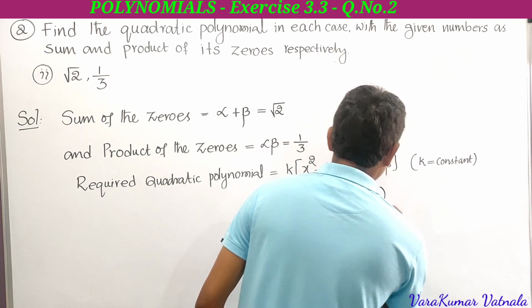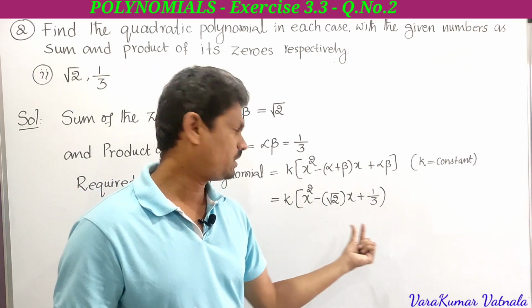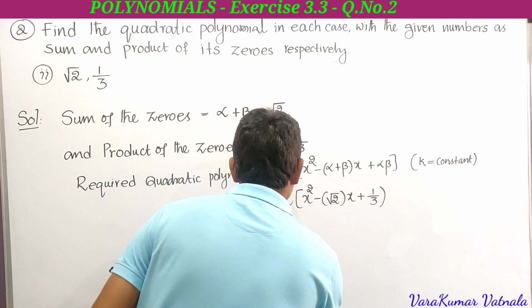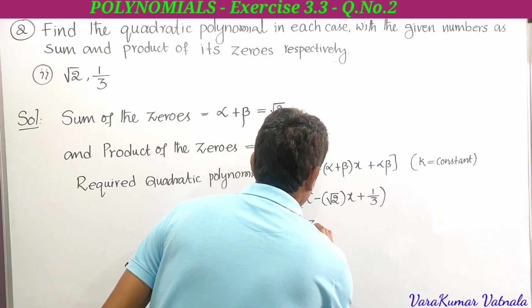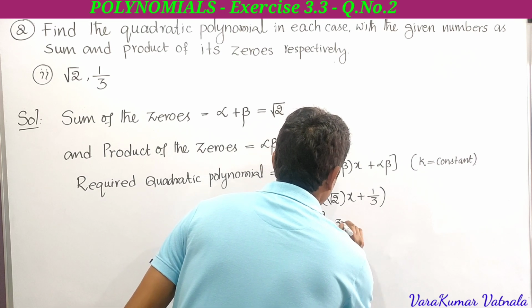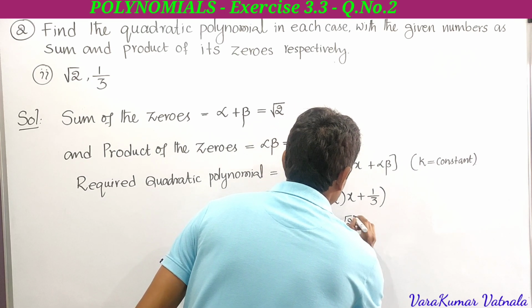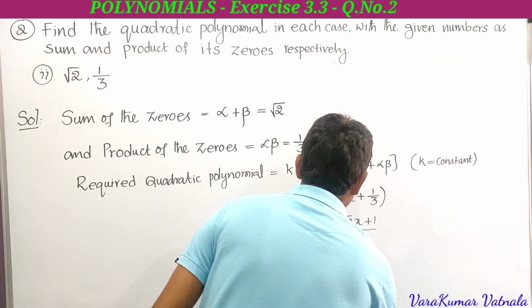So just write 1 by 3. So k into x square minus root 2 into x plus 1 by 3. So find the LCM. 3 is the LCM here. We can get 3x square minus 3 root 2 into x plus 1, divided by 3.